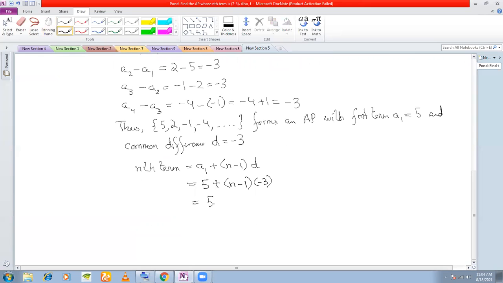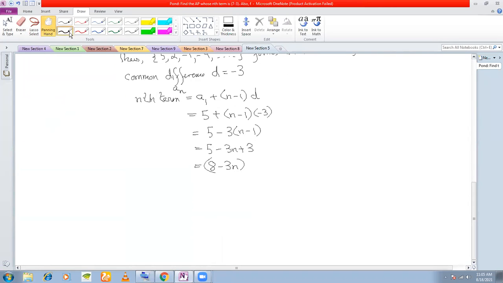So you get this as 5 minus 3 times n minus 1, which is 5 minus 3n plus 3, which is equal to 8 minus 3n. And this is the nth term, an. Thus, we get an is equal to 8 minus 3n. So we have found out the nth term.